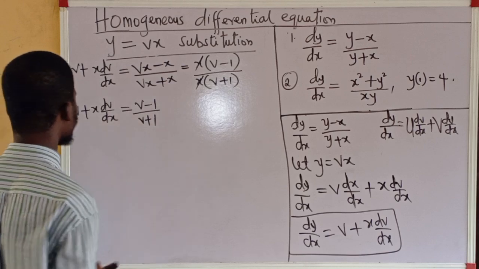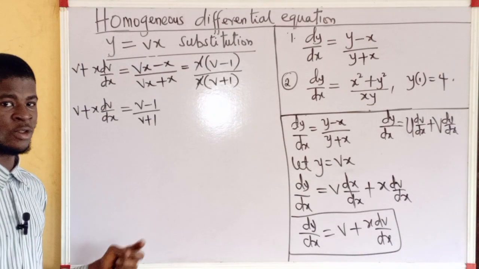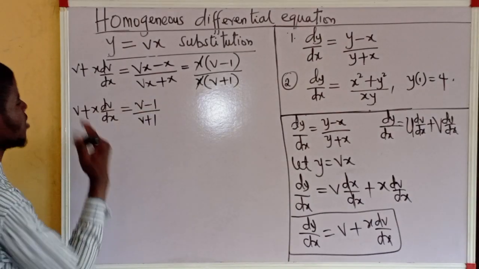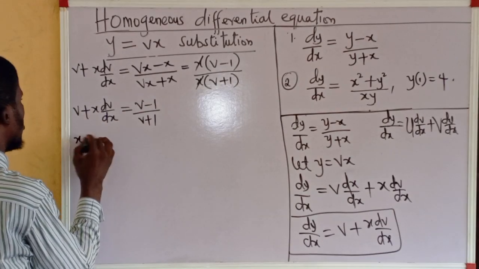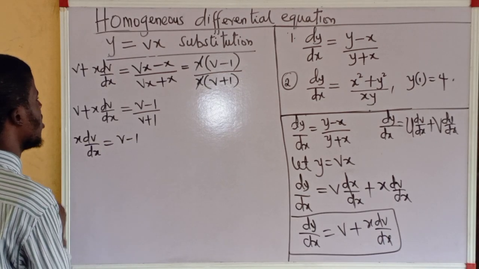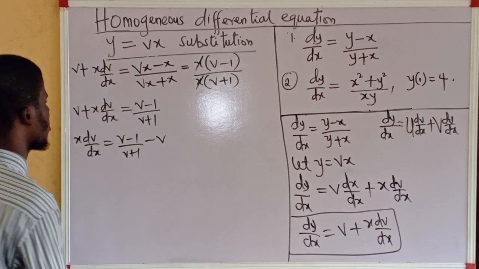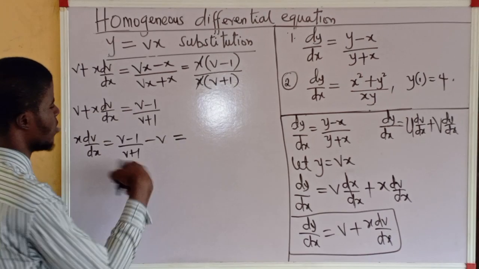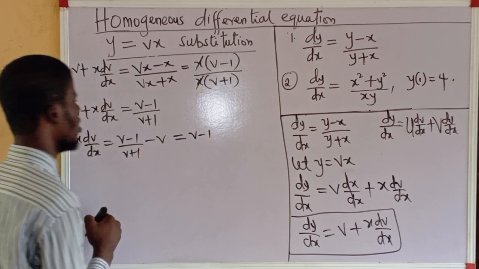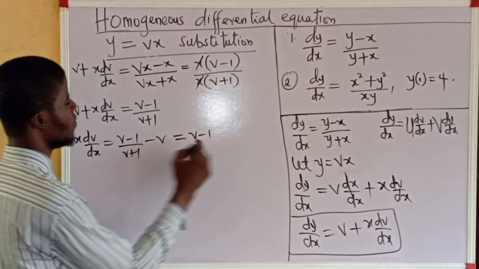Alright, let's try to see if we can separate the variables. Of course, we can do it, but let's work it out. Let's take v to the other side. So we'll be having x dv/dx equal to (v minus 1) all over (v plus 1) minus v. So if we simplify this, by the LCM shortcut, I want to multiply v plus 1 by minus v.